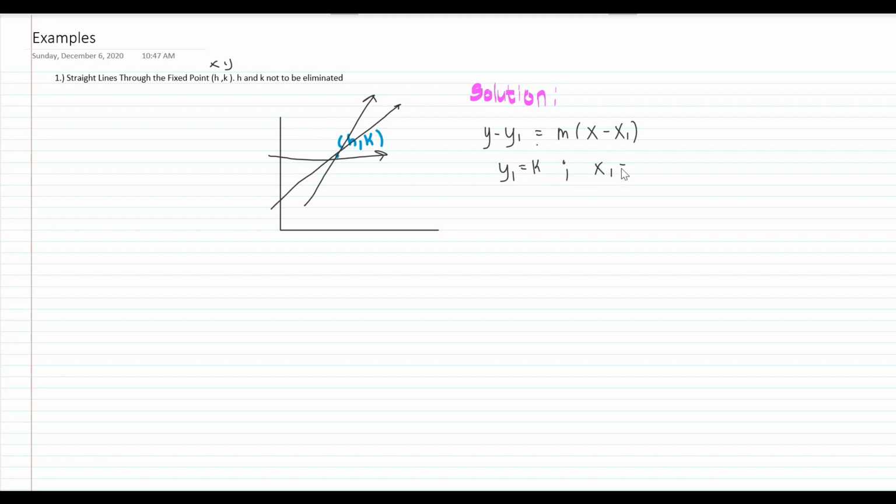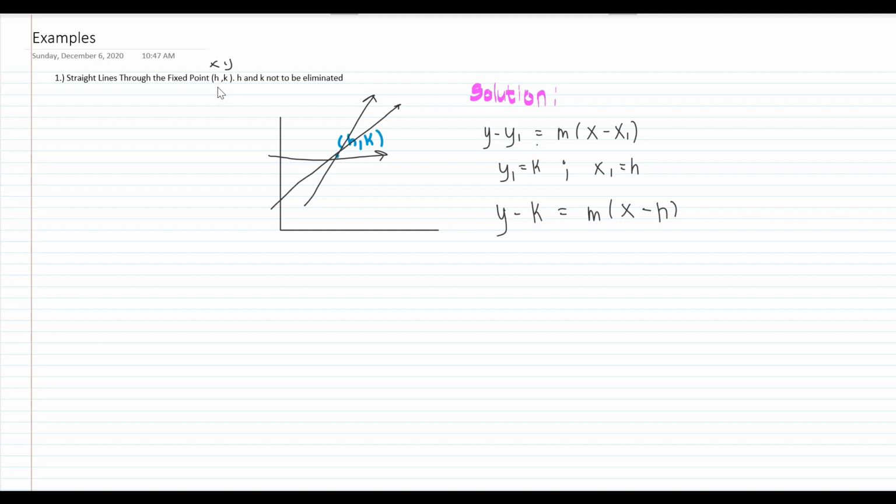So this will be y minus k is equals to m quantity x minus h. So we already identified the suitable equation for the problem, and we already applied the condition at which the fixed point h comma k.